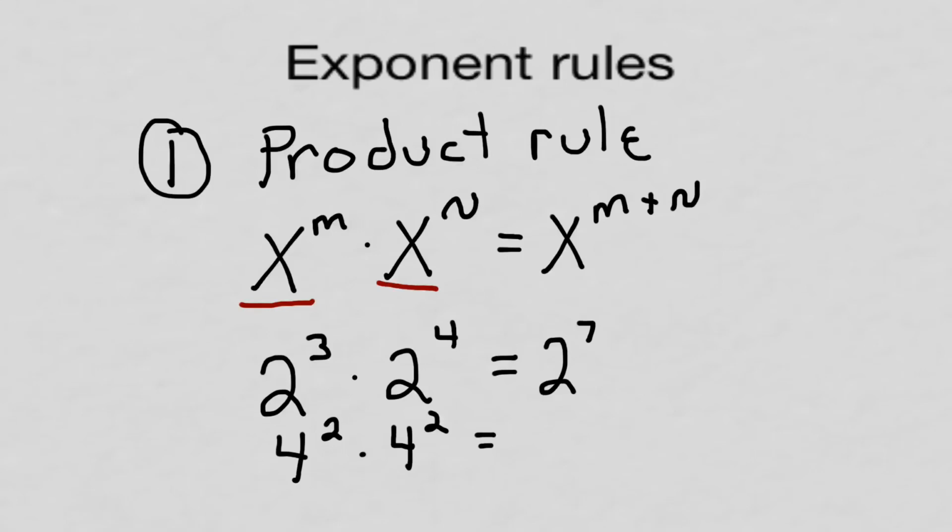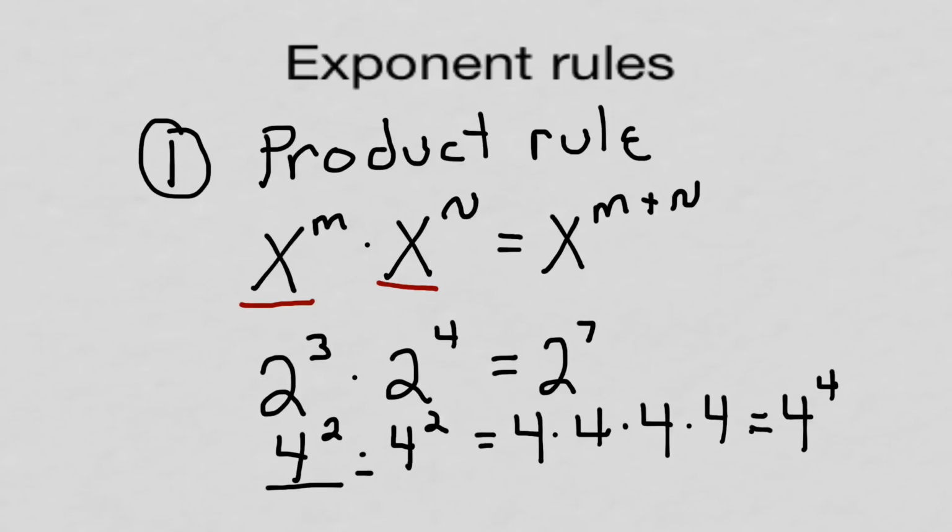That means, look at this, this will be 4 times 4, that's the square there, times, there's your multiplication, 4 times 4. That equals 4 to the 4th. I wrote it all out here so you could take a look at it, but all you had to do was add exponents. 2 plus 2 equals this 4.